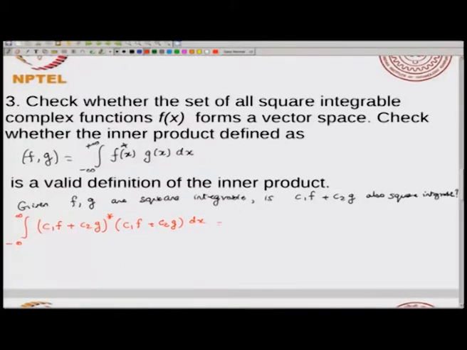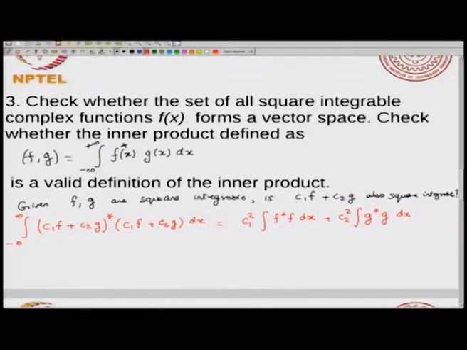So what you will get is that this will be C1 square integral f star f dx plus C2 square integral g star g dx. Now remember, C1 square is C1 star times C1.